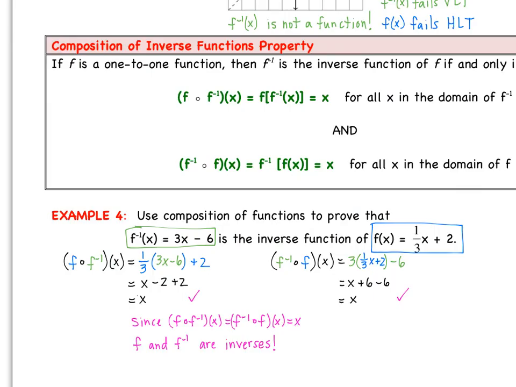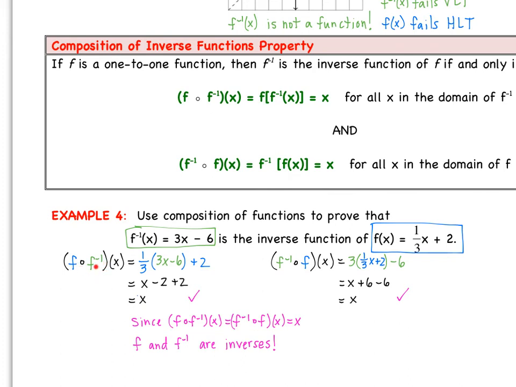Okay, so I want to use composition of functions to prove that these two functions are inverses of one another. So I need to show that when I take one equation and plug it into the other, I get down to x, all right? So my first scenario is f of f inverse of x, make sure that that's an open circle that represents composition.